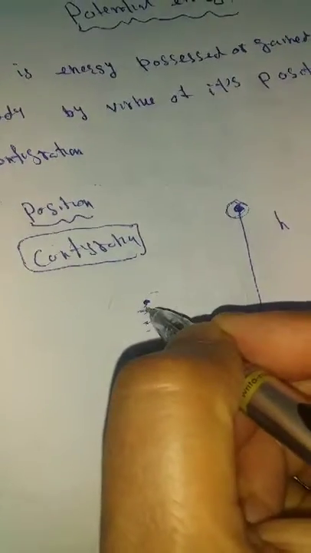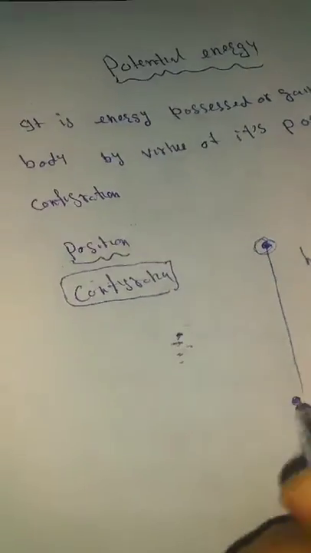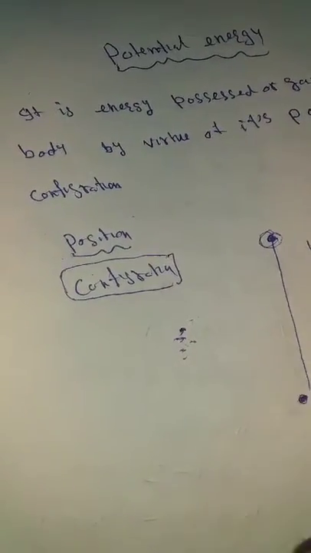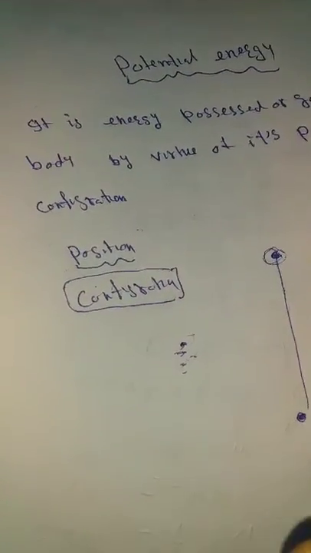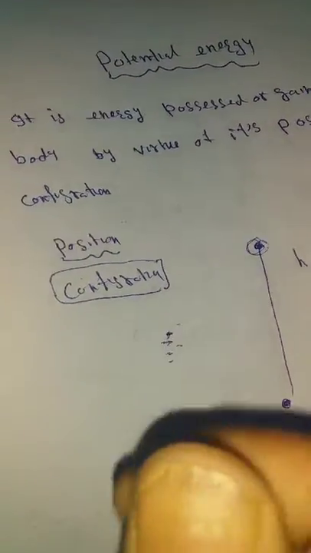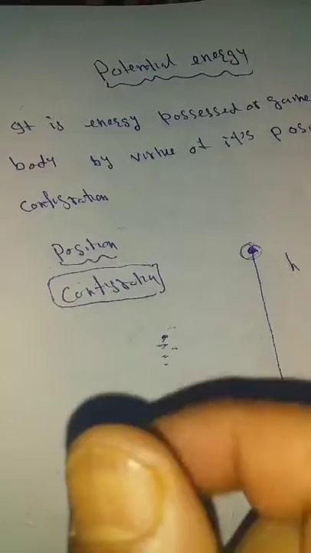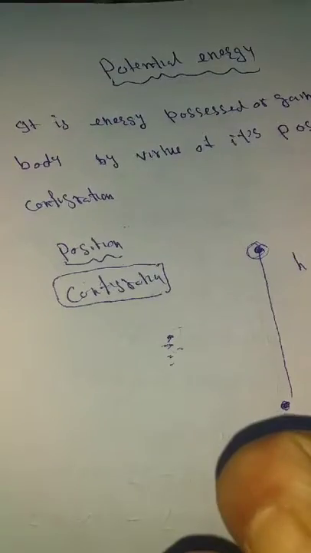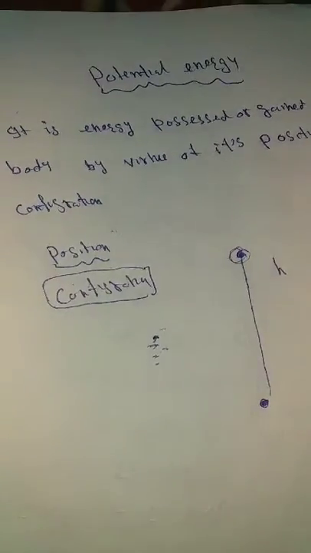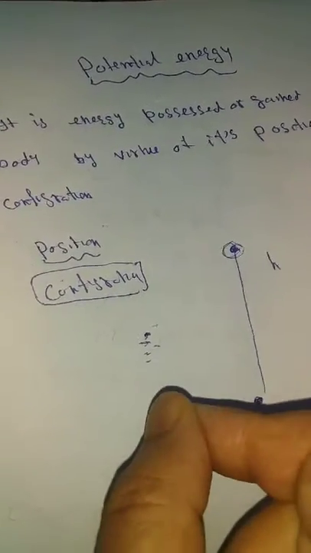When we tighten the spring, the configuration changes and energy is stored. When we leave it, the energy stored in the spring is responsible for moving the toy. In a toy, we first tighten the key, which means we are changing the configuration of the molecules there. When we leave the key, the energy stored in the spring moves the toy.